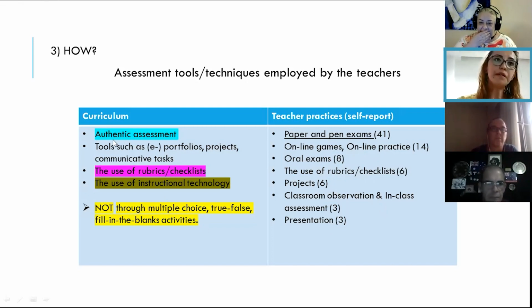If we remember, the curriculum recommended teachers to use authentic assessment tools such as portfolios, projects, communicative tasks, the use of rubrics and checklists, the use of instructional technology. We can find all those 3 issues in teachers' self-report, but authentic assessments I didn't see.